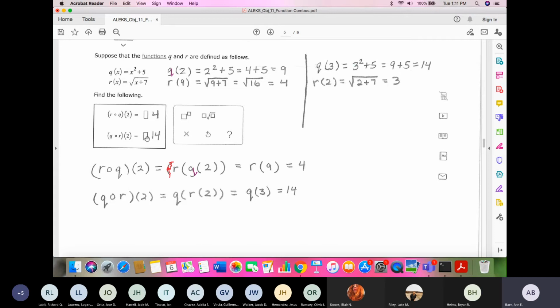Any questions on this particular topic? I have a quick question. Sure. I might have missed a piece of information, or I'm just a little bit confused. Let's say it says Q, and in the parentheses is a 2, and then R parentheses 9. Where do you get those numbers from?